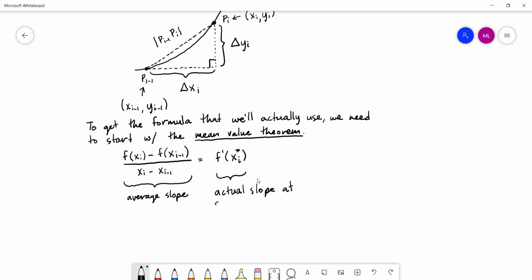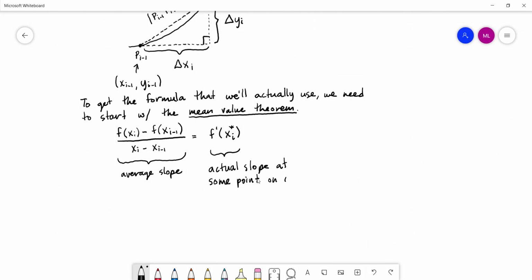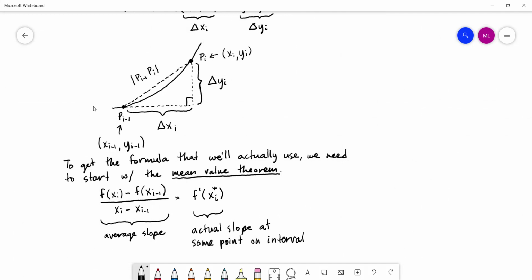So this is the actual slope at some point on the interval. And what interval am I talking about? Again, I'm talking about the interval between i minus 1 and i, so somewhere on here.